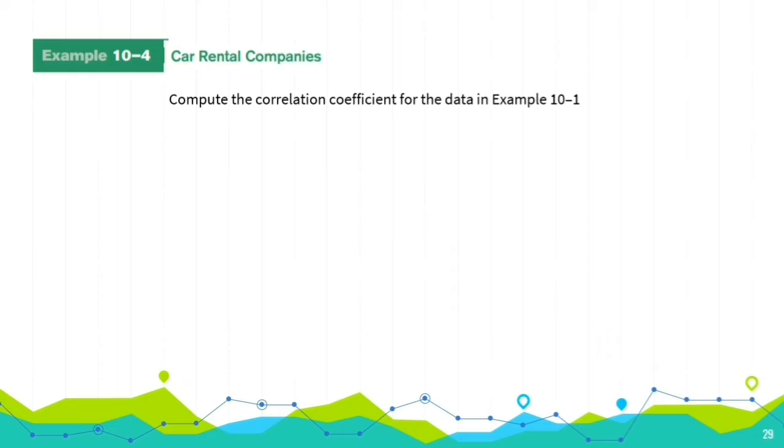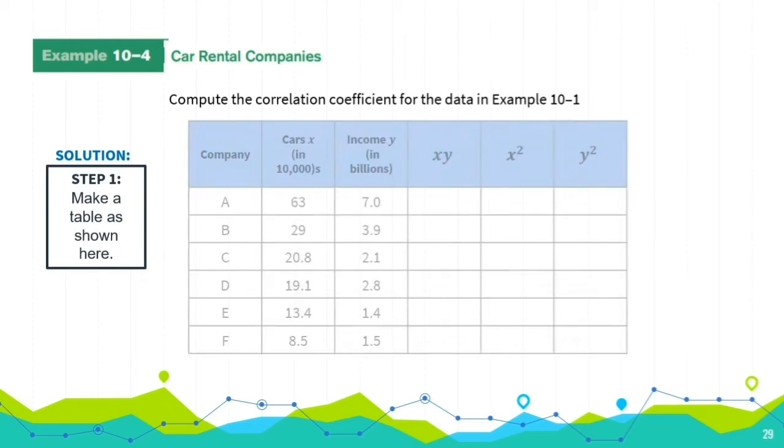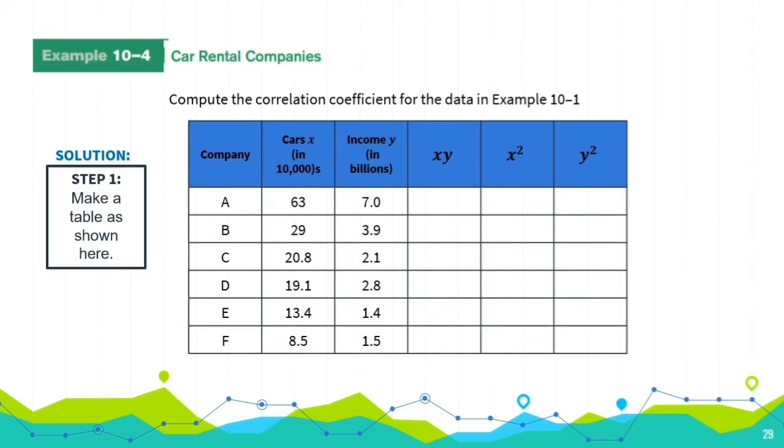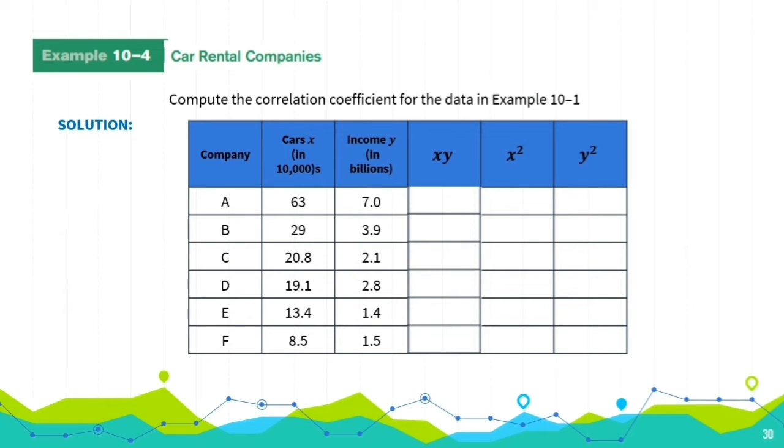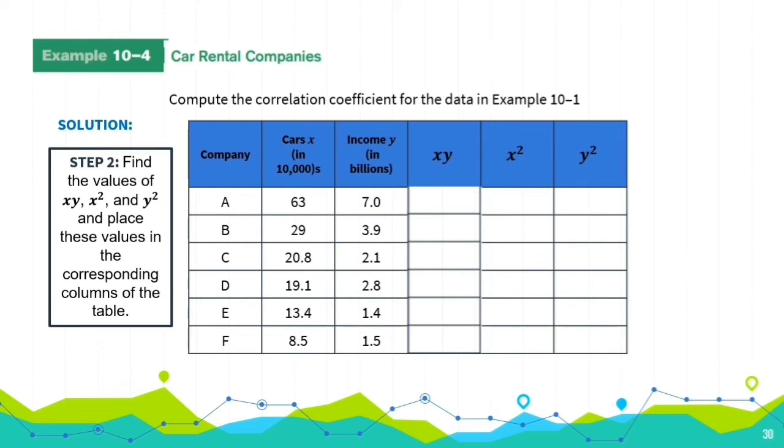Now let's start with step 1, make a table, as shown here. So we have here the additional 3 columns for the given data table. In the fourth column, we have xy. In the fifth column, we have x squared. And the last column is y squared. So for step 2, we need to find the values of xy, x squared, and y squared, and place these values in the corresponding columns of the table.